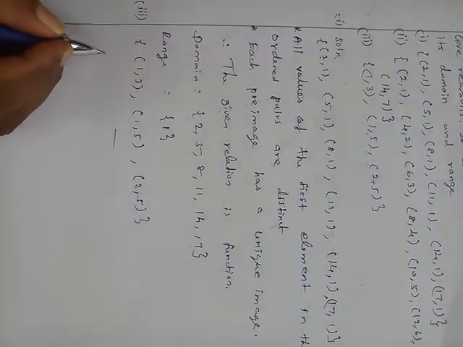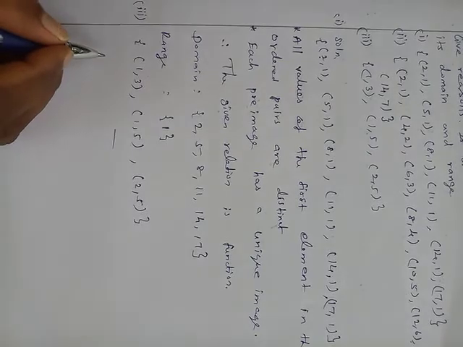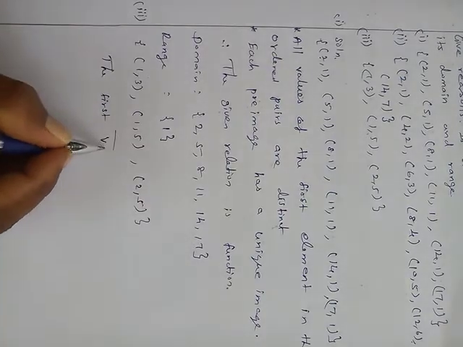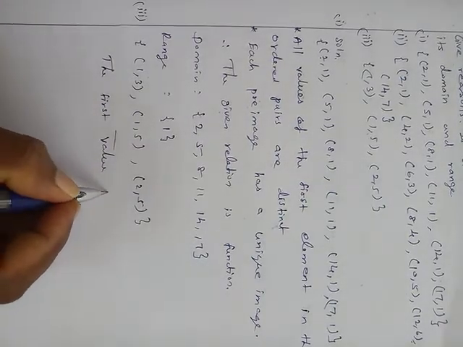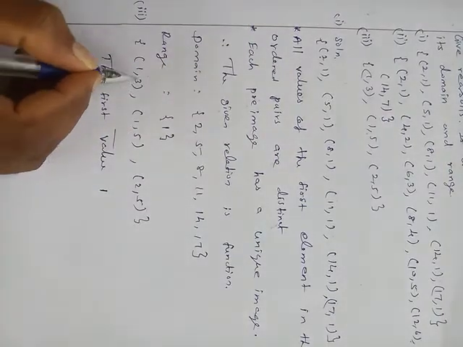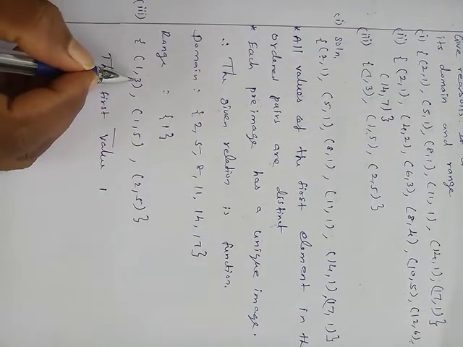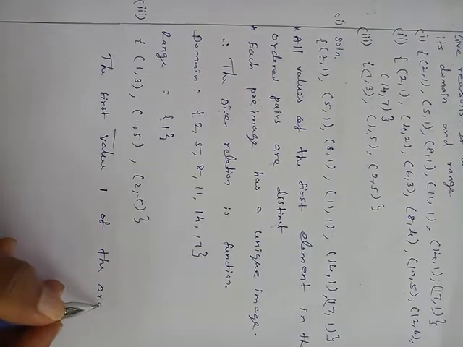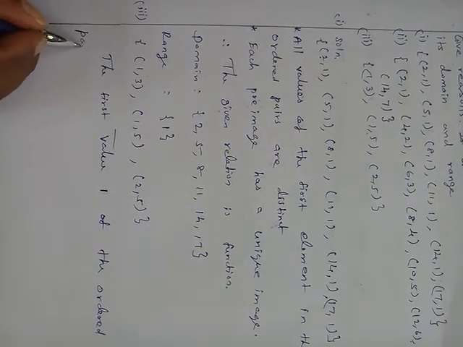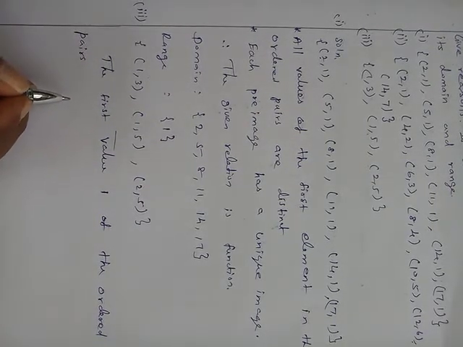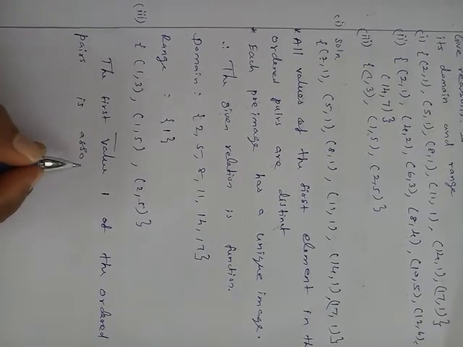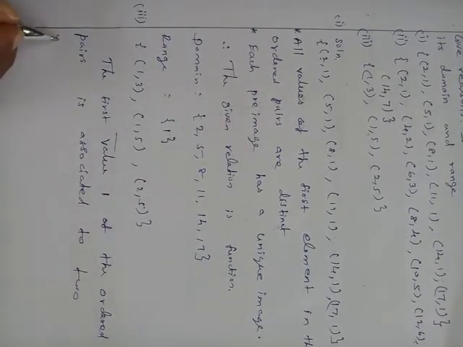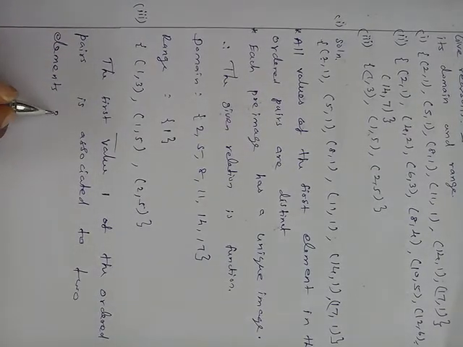Here the first value 1 of the ordered pairs has two distinct images. One element of the ordered pair is associated with two elements, 3 and 5.